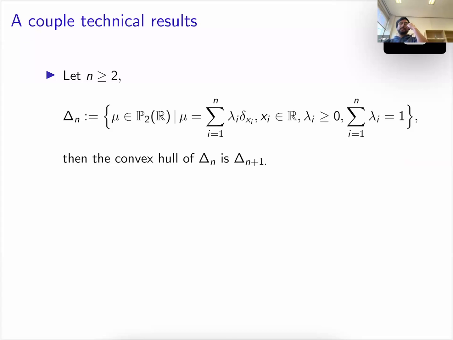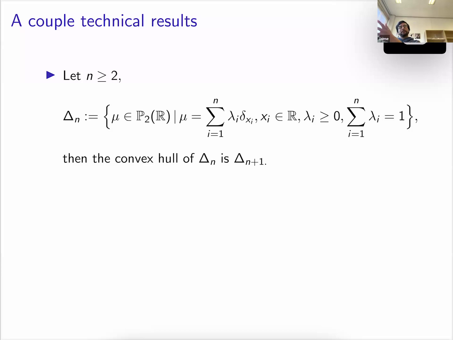Say for n equals 2, you take a convex combination of at most 2 atoms. And the thing is that if you're in R, then when you take the convex hull of those that have at most n atoms, you get the next one. You get the one that is supported on at most n plus 1 atoms.